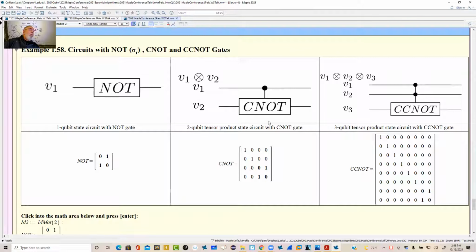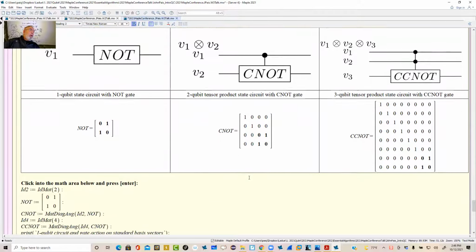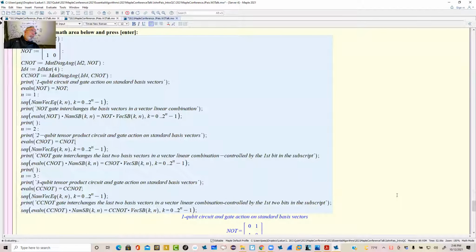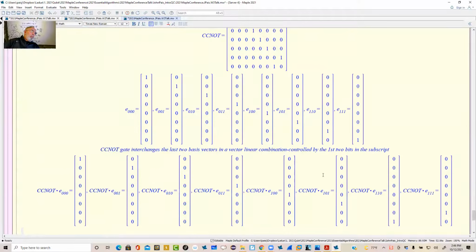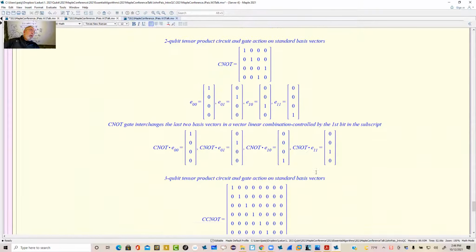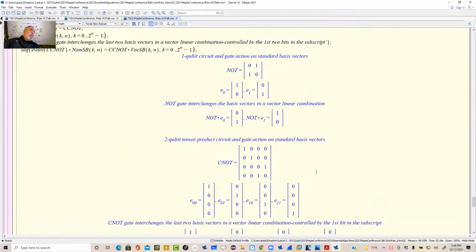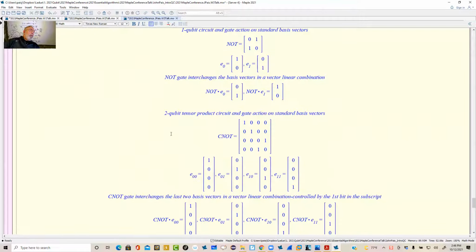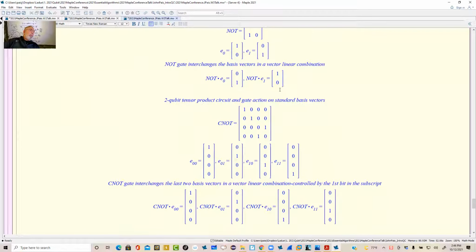When you apply these matrices, you apply them to the tensor product, if you were to collect them all and multiply. Here's an example of that. Effectively what we did was the NOT, which just switches the two basis vectors in a linear combination.